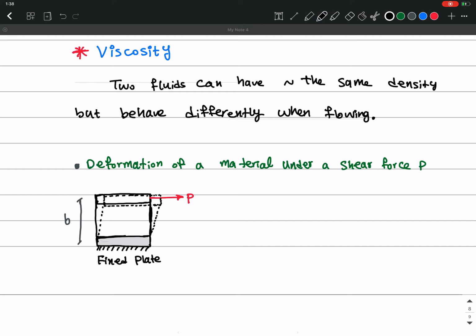Okay, after you exert this P force, this side is going to move around, say, delta A. And this angle is going to be around delta beta, okay?